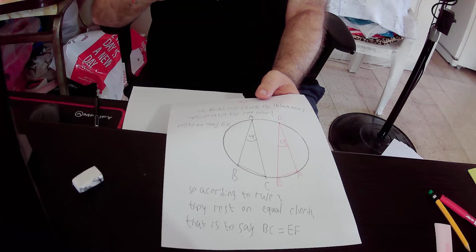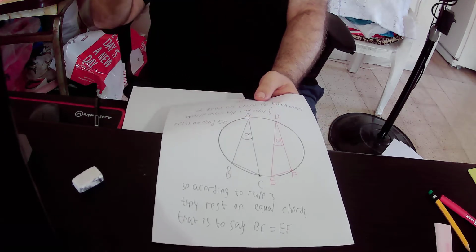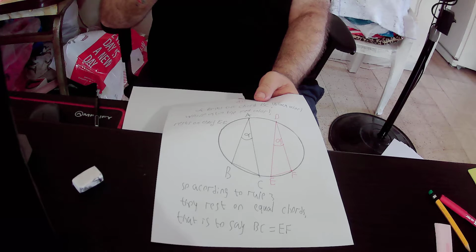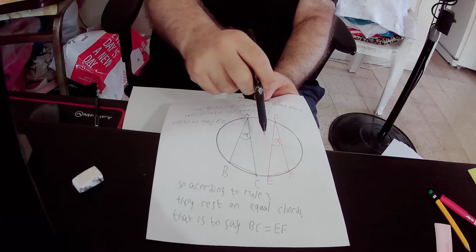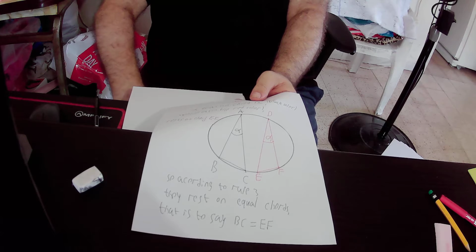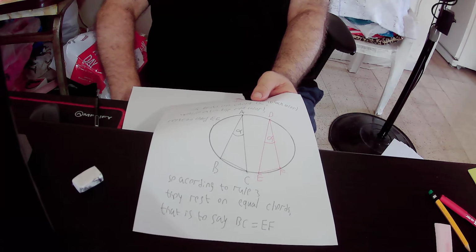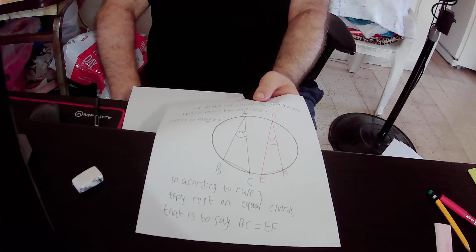That is to say, BC equals EF, because equal peripheral angles rest on equal chords. So this is the explanation of rule number 3 in detail.